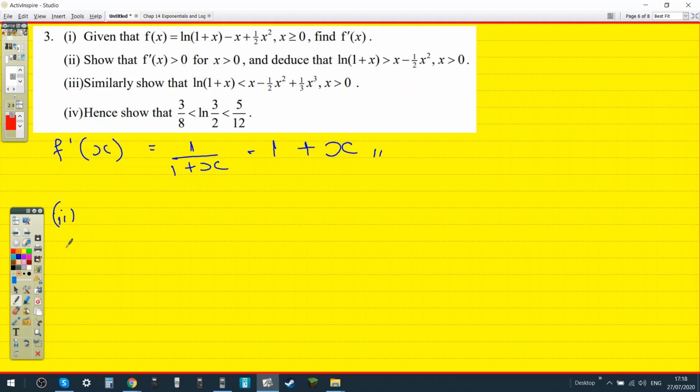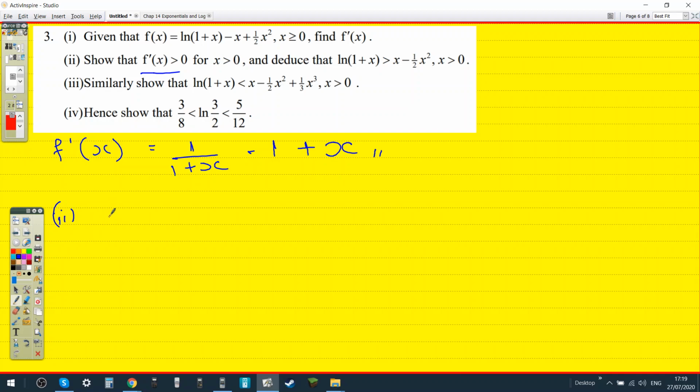I don't really get the second part. We could graph this and just find the minimum, basically. Show that f dash of x is always greater than 0. I just wonder, are we supposed to... Well, I suppose you can't show a graph to an examiner.